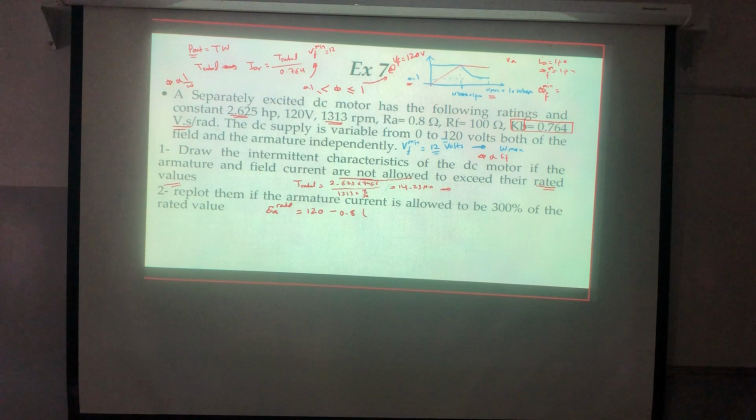Now from here I can calculate IA rated, which will equal 14.23 over 0.764, and this will equal 18.63 ampere.